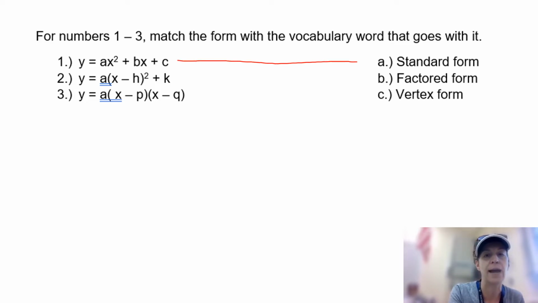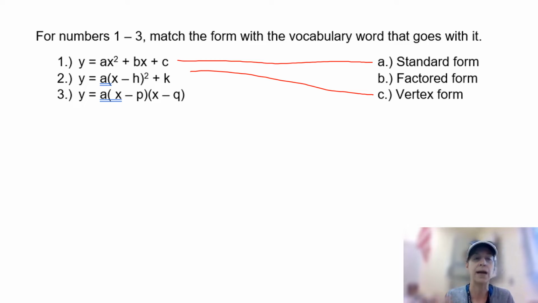Standard form is ax squared plus bx plus c. Vertex form is a times x minus h all squared plus k, and then factored form is a times x minus p times x minus q. Now that might make a little bit more sense than it did a couple weeks ago when you took the test, because we have spent the last several class periods factoring, and you might be able to recognize now that that is what factors look like.